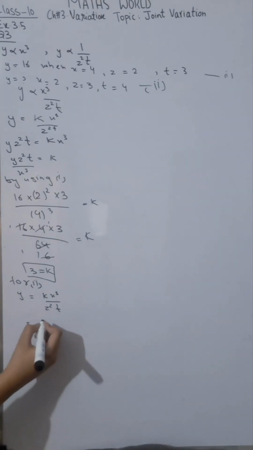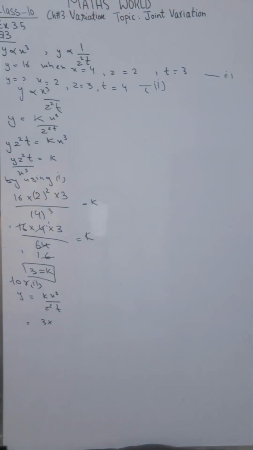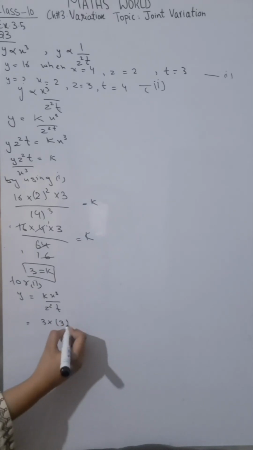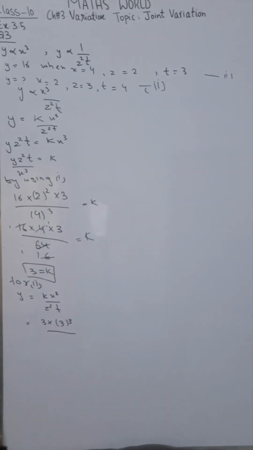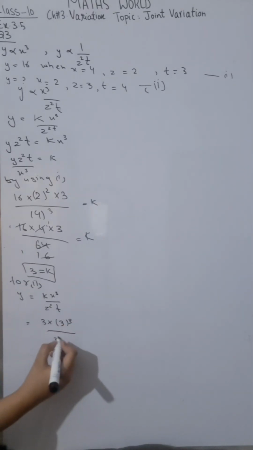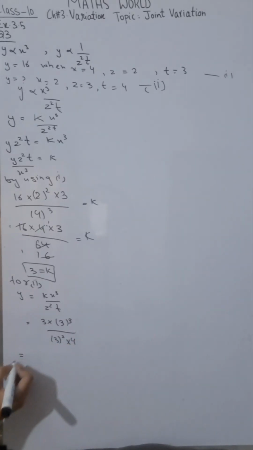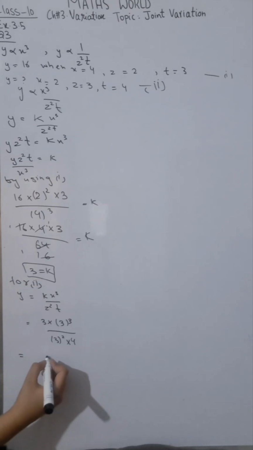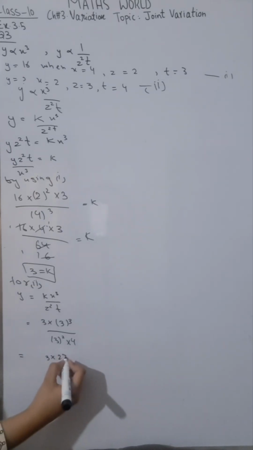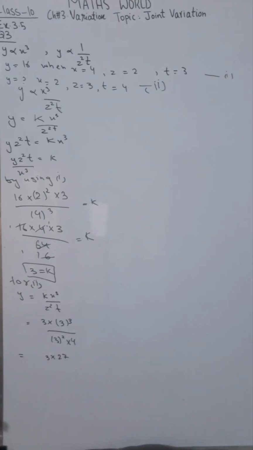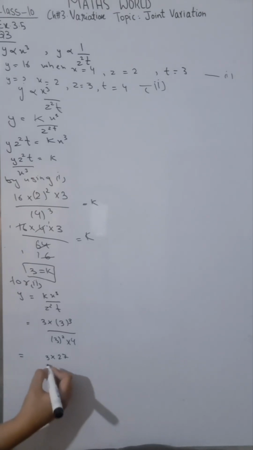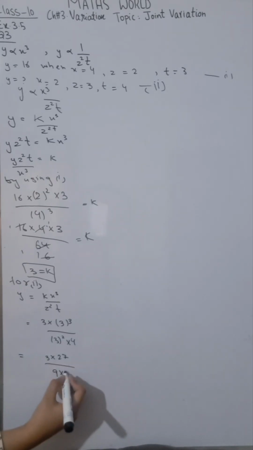So what is the value of k? 3. X is 3, so 3 cube, and then z. What is z here? 3 square, and t is 4, like this. So what you can do is 3 into 27. 3 3s are 9 and 9 3s are 27. 3 3s are 9 and 4.